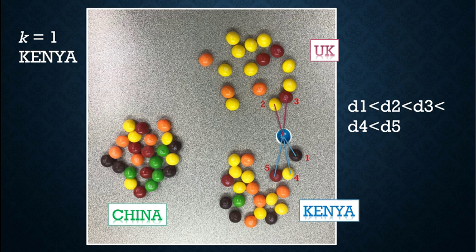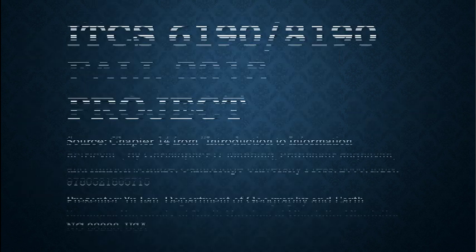The blue Skittle will be assigned to group UK. When k is 5, the blue Skittle will be classified into group Kenya, due to the higher probability, since 3 out of 5 documents belong to this group. When we select the value of k, an odd number is better than an even number.